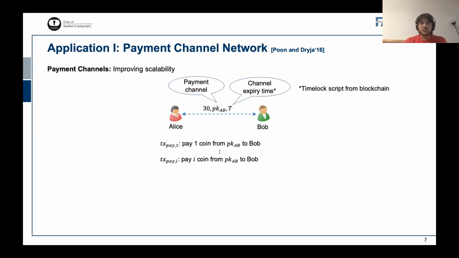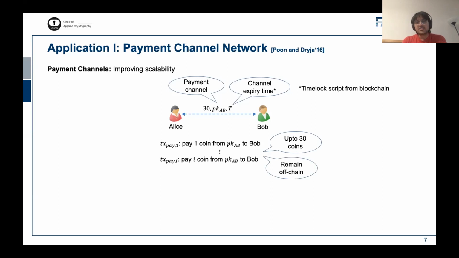And then if she wants to make more payments, she can just make the list of these payments. You can see that if the quantum of payment is just 1 coin, then she can make up to 30 payments, so 30 payment transactions.